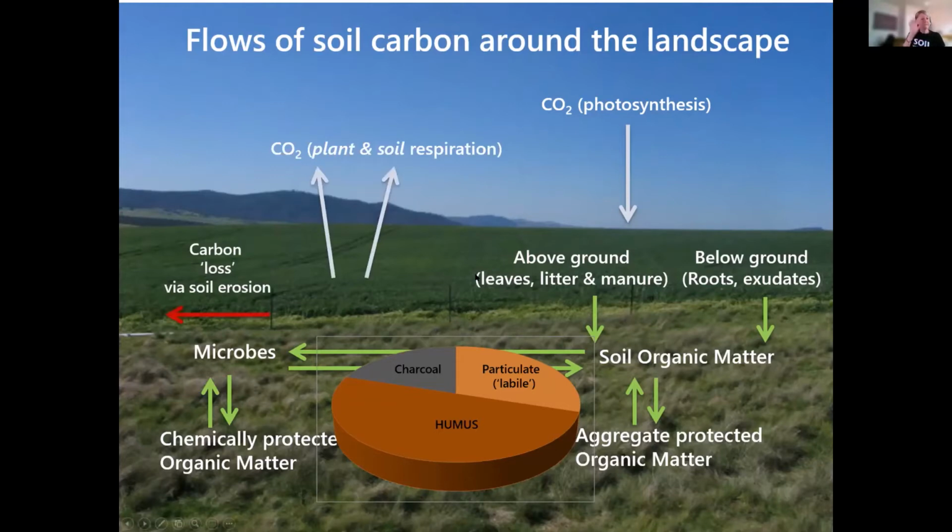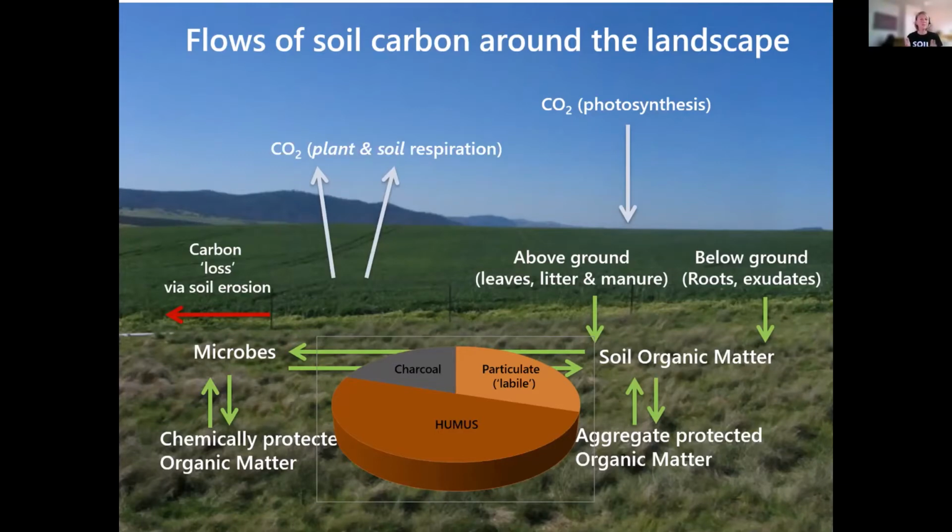We also, as I said, this is a flow of carbon through the soil. So we also have carbon dioxide leaving the soil in the form of plant and soil respiration. Microbes, just like us, as they decompose organic matter, respire carbon dioxide. And we can have carbon leaving these sites through the process of soil erosion: the physical removal of soil and the carbon that's associated with it, or fine fraction organic matter, leaving the site in times when we perhaps have low ground cover and being moved off-site.